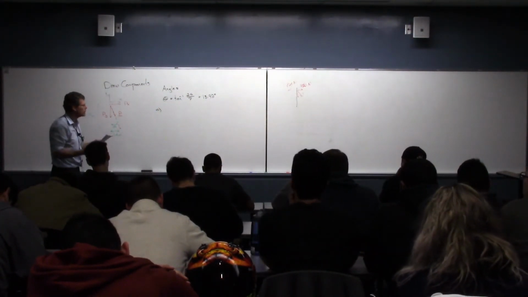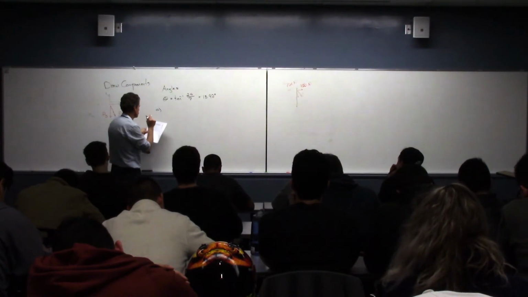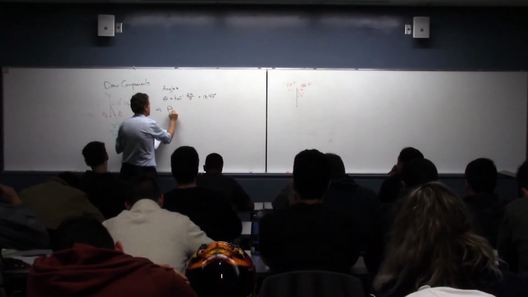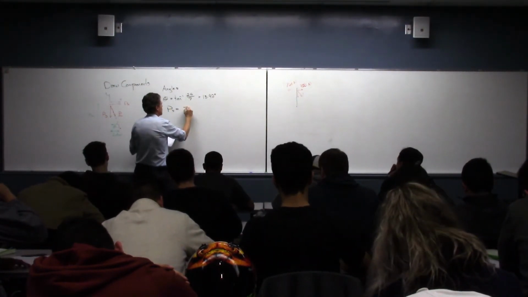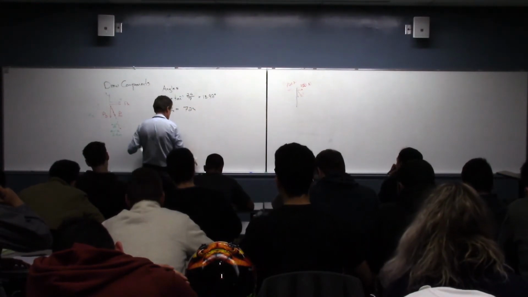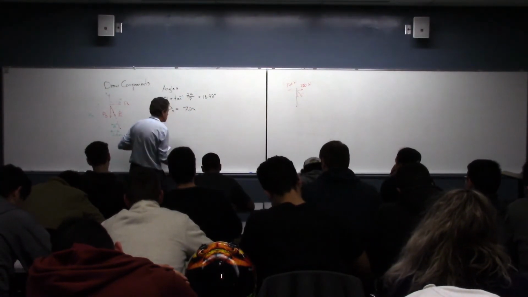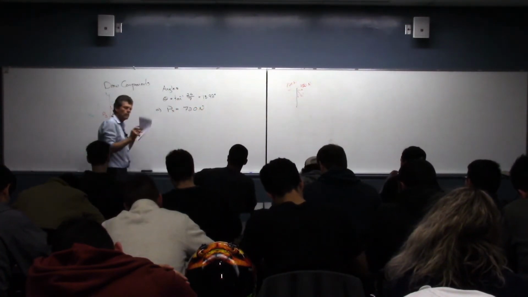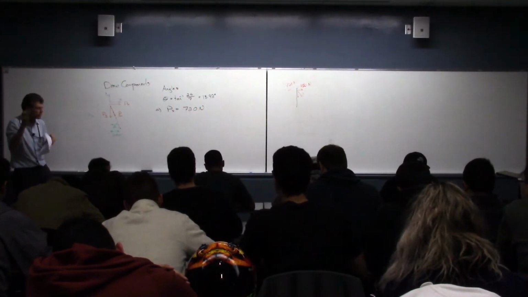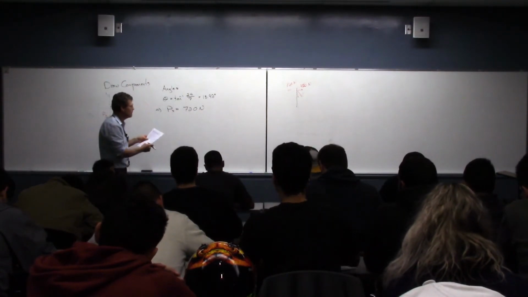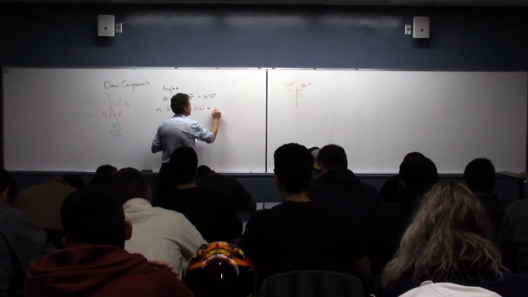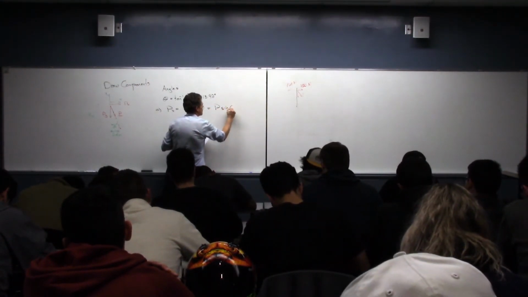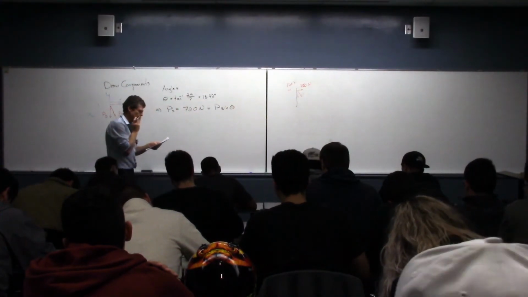I could scan this and post both solutions to you. But the key thing is that we know Px has to be the 720. That's equal to P times the sine of that angle.